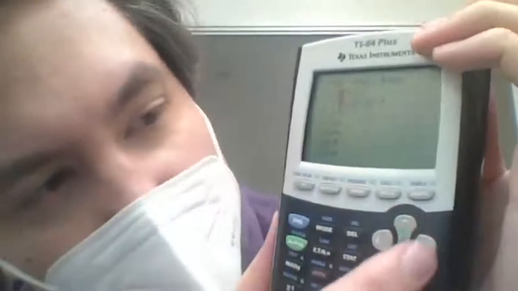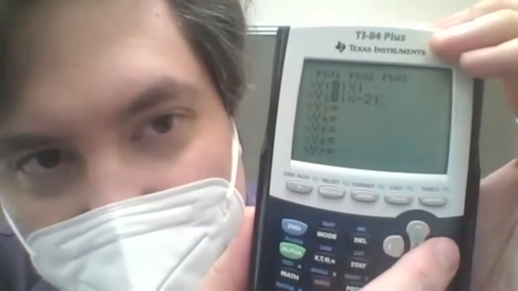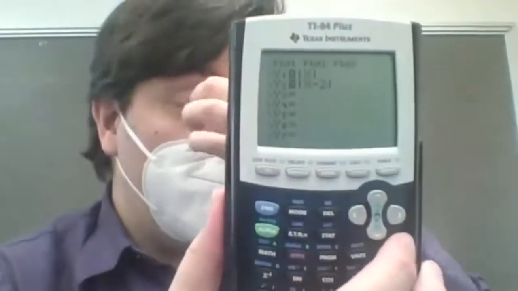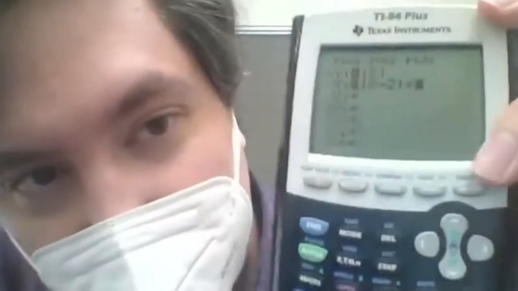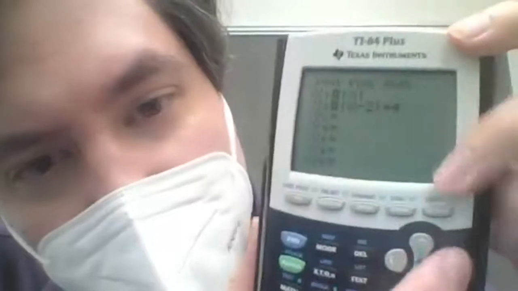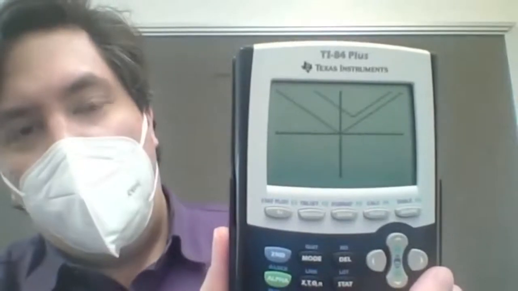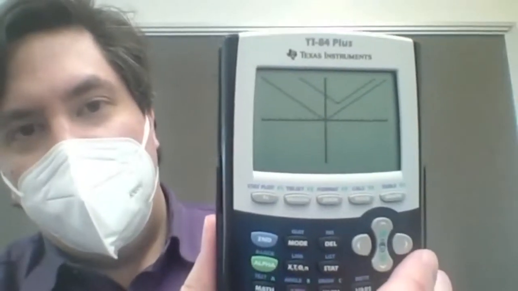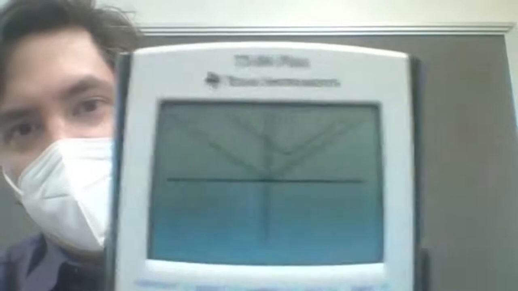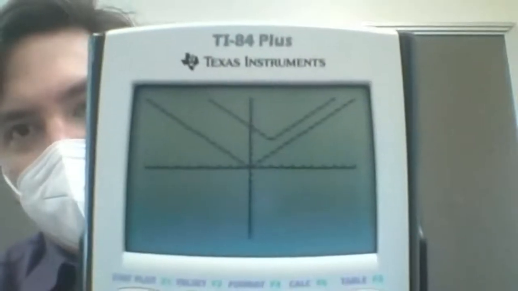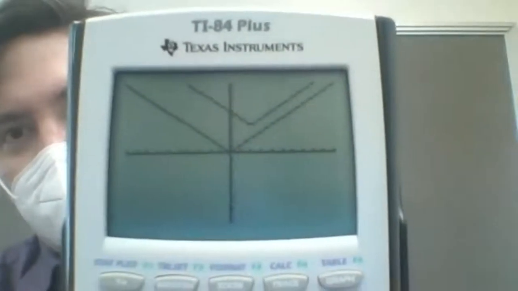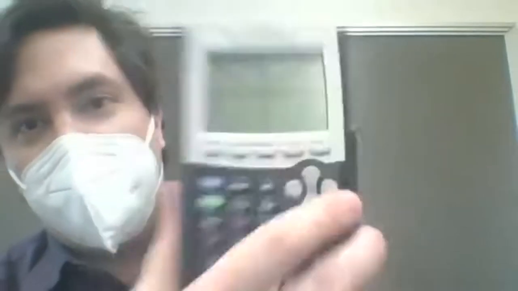And then we're going to want to arrow over so we're not inside the absolute value lines anymore. And then if you do plus 4 and graph that. So there's another one that is 4 up and 2 to the right from where we were originally. So that is the child function alongside its parent function.